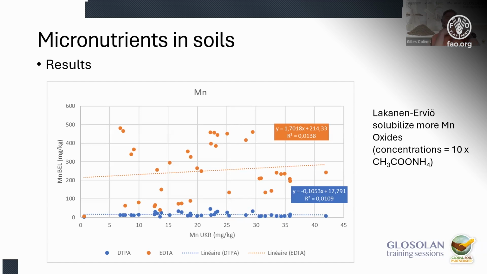The alternative is that as we are making our own proficiency test, we have control samples that we distribute among our network, and we make repetitions on this, and we know globally what is the variability.